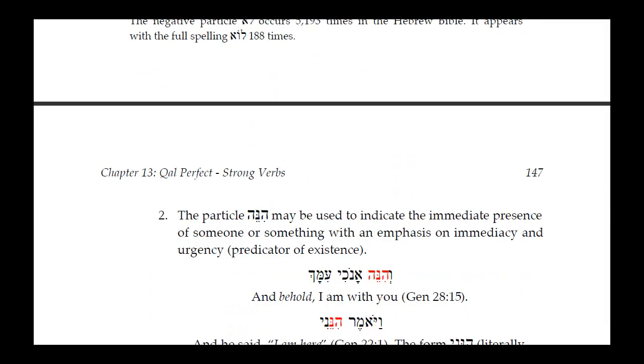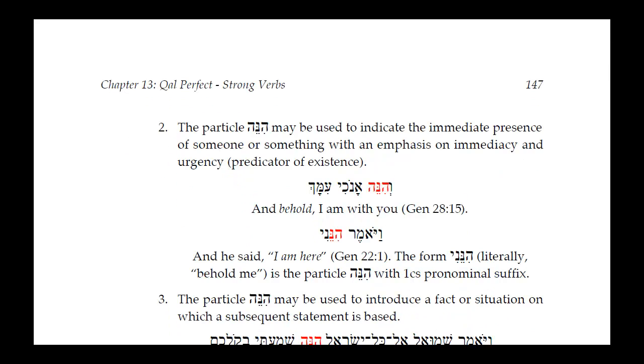All right. The second use of hene is to indicate the immediate presence of someone or something, with an emphasis on immediacy or urgency. So we have vehene anochi imach. It says, and behold, I am with you.